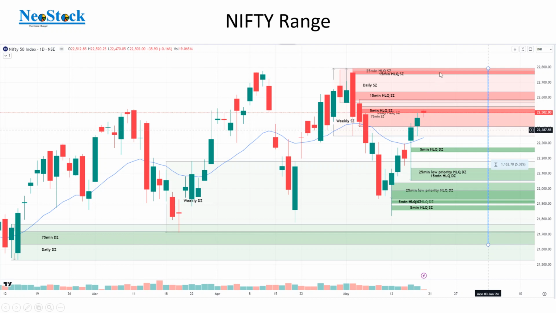So this time again, if you get a new all-time high, we may get a higher high again. That way the pivot trend is also going to be an uptrend. At present the pivot trend is sideways. Zone violation trend is uptrend in the daily time frame, but the pivot trend is sideways. Why? Because here we got equal highs.